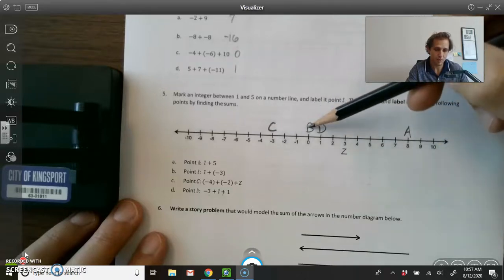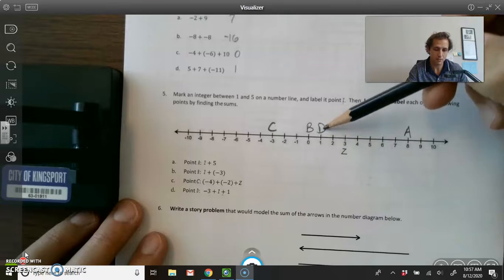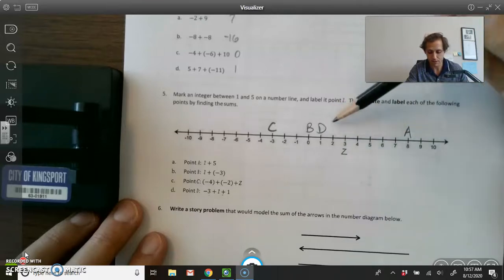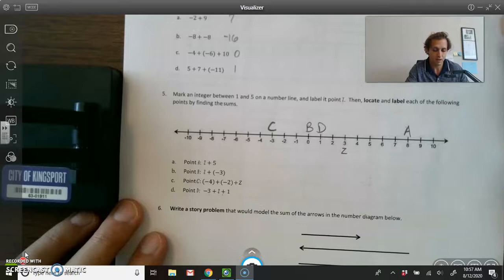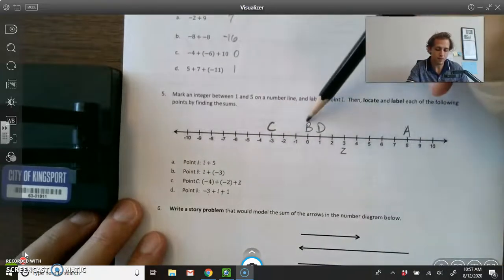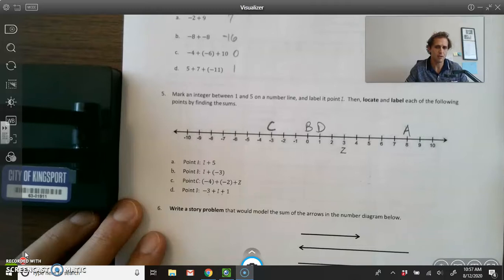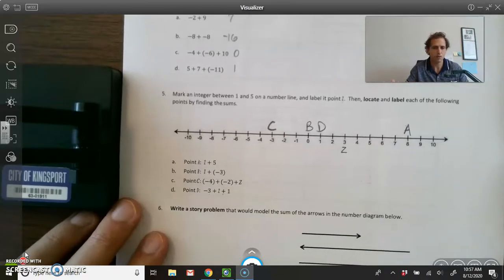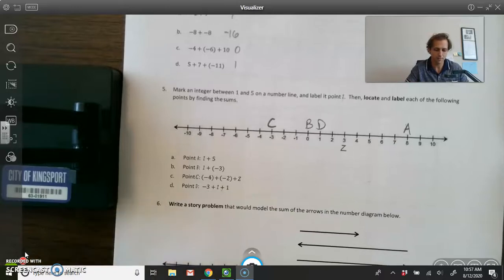B should be 3 spaces to the right of C. D should be 4 spaces to the right of C. And A should be another 7 spaces past D. So wherever you put Z, these points should still have the same relative location to one another, even though their values would be different. It's all about what you chose as the value of Z.